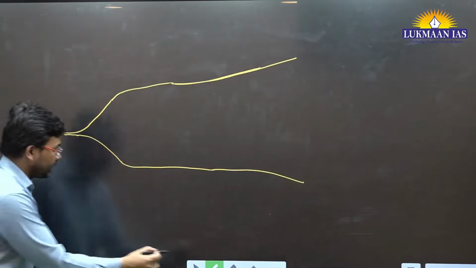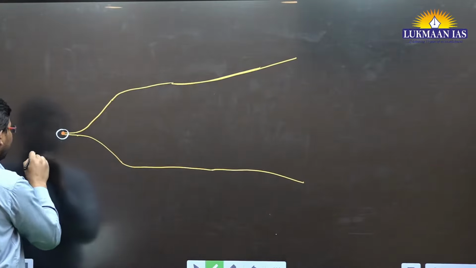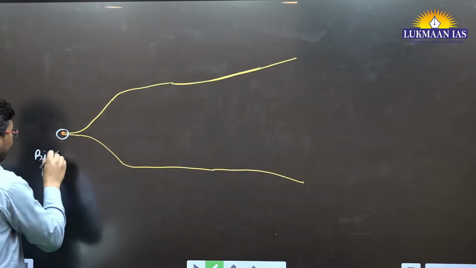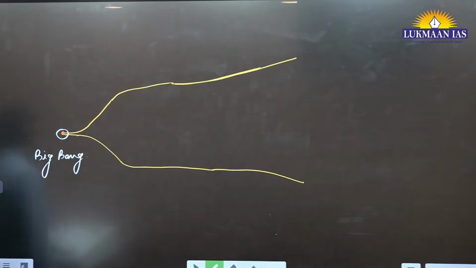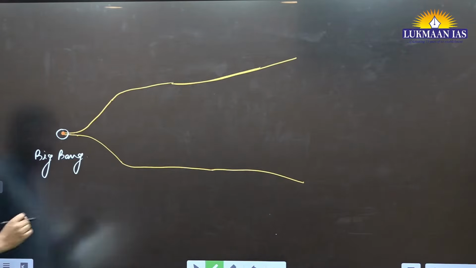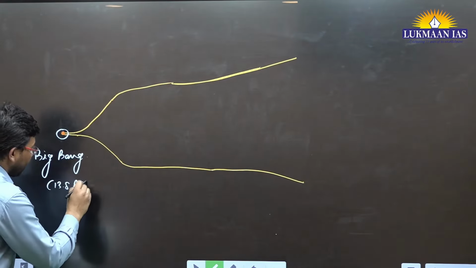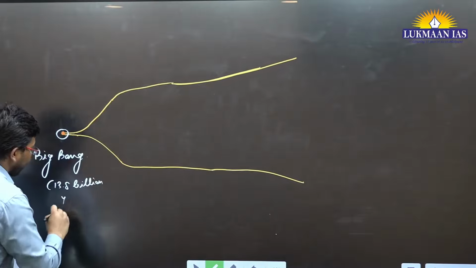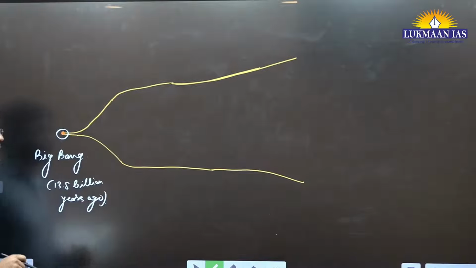So at this point over here, the Big Bang happened. When did it happen? 13.8 billion years ago. The Big Bang happened.